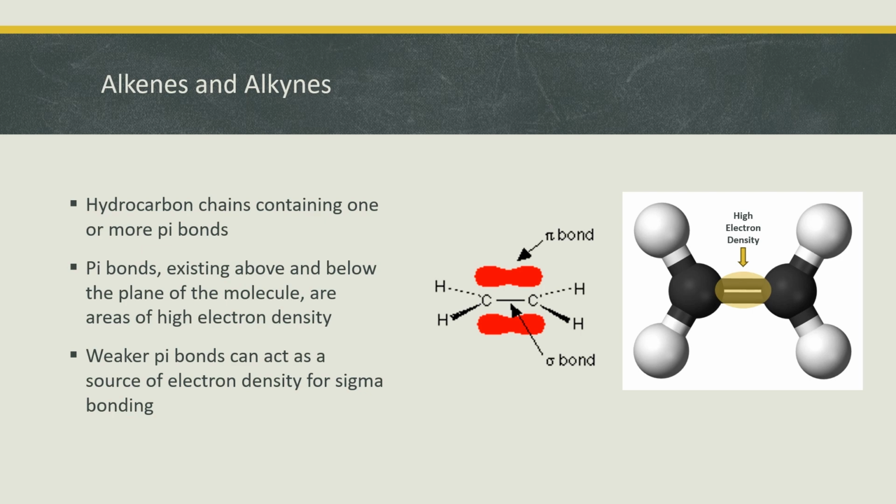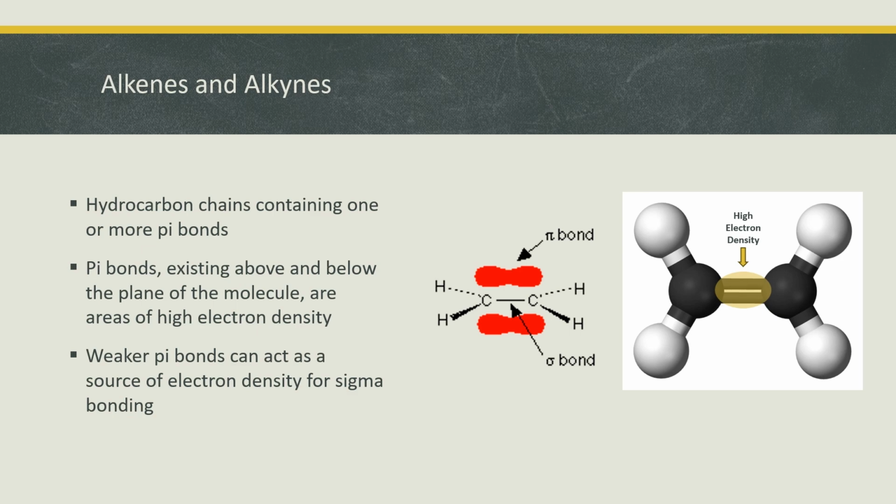These molecules contain pi bonds that exist above and below the plane of the molecule. We can see right here we have an area of electron density above the molecule as well as below the molecule. And these are areas of high electron density because we have basically 4 to 6 electrons being coordinated in the space between 2 atoms.